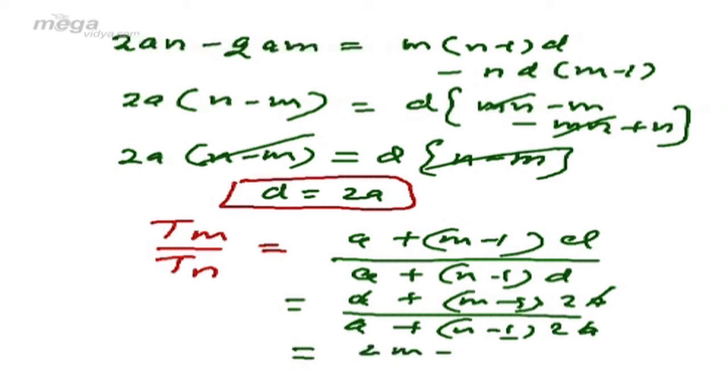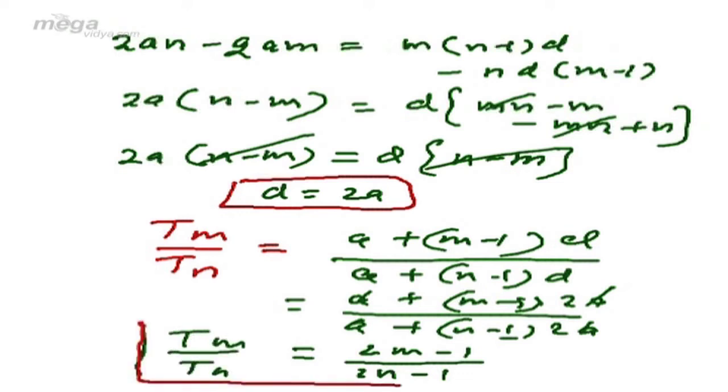We get 2m minus 1 upon 2n minus 1 as the value of Tm upon Tn. This is the ratio of the mth and nth terms.